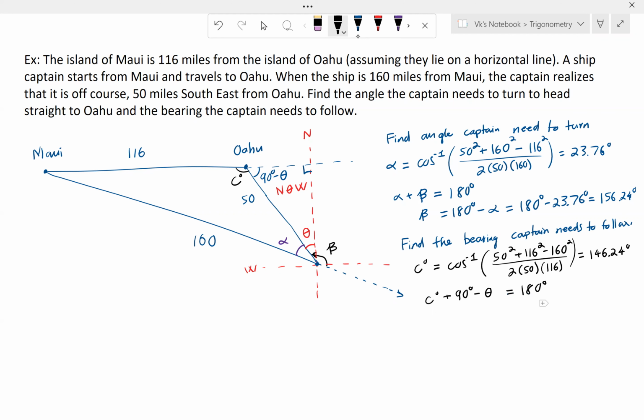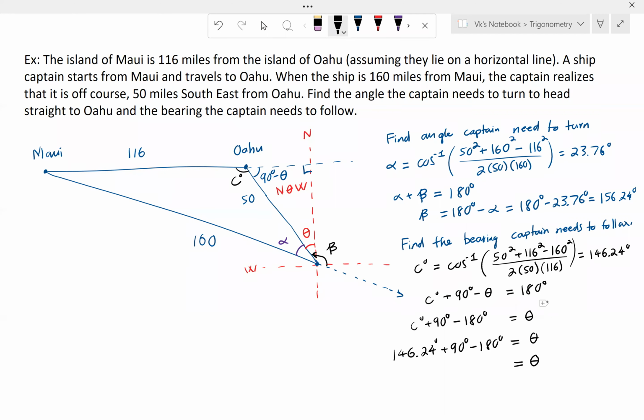So that means theta is C plus 90 degrees minus 180 degrees, which is 146.24 degrees plus 90 degrees minus 180 degrees.